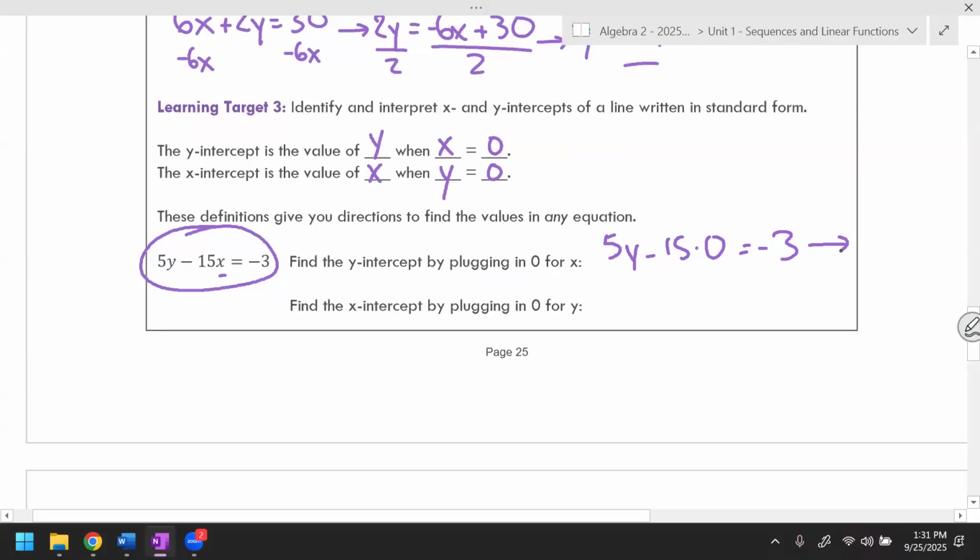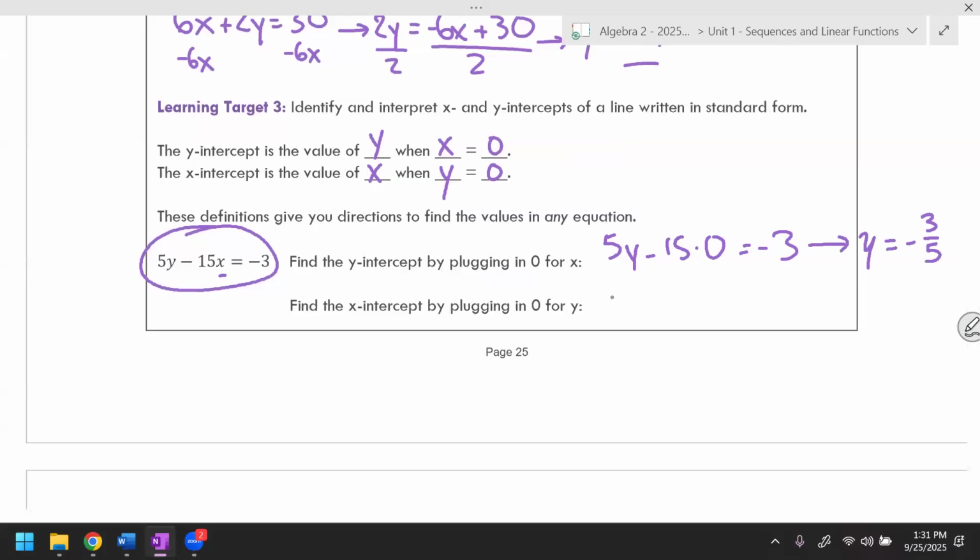Can you guys solve for y here? Yep, you can. What do we get? 5y equals negative 3, so y equals negative 3/5. Yes. Okay.